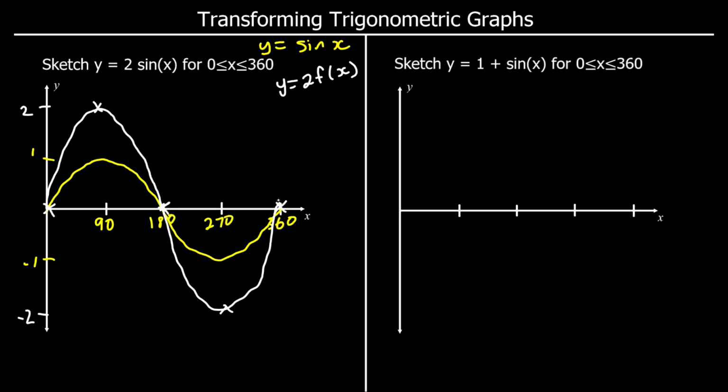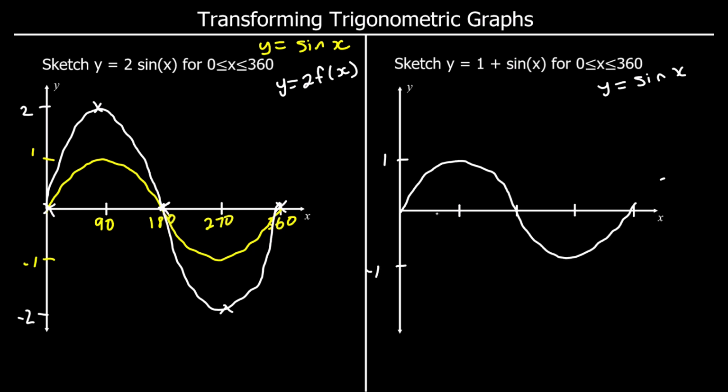Here's another one. See if you can have a go at sketch y equals 1 plus sine x. So again, the original graph I'll draw on, y equals sine x. That's between 1 and negative 1. Starts at 0.